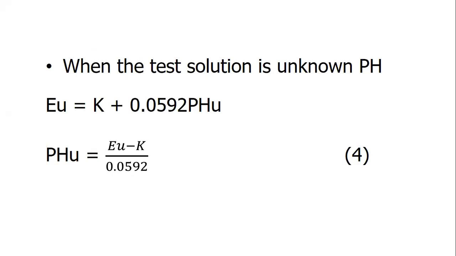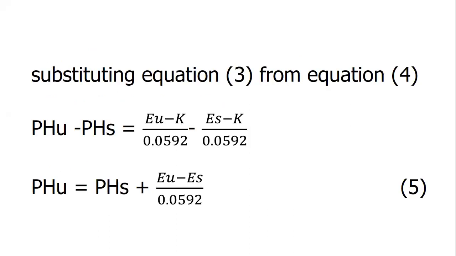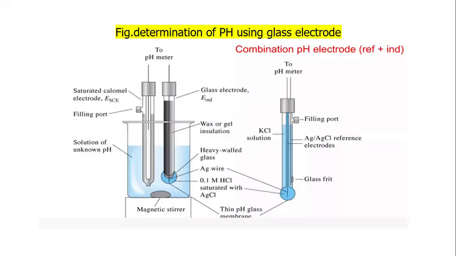When the test solution is unknown, EU equals K plus 0.0592 pH U, so pH U equals EU minus K over 0.0592. Subtracting equation 3 from equation 4, we get pH U equals pH S plus EU minus ES over 0.0592.